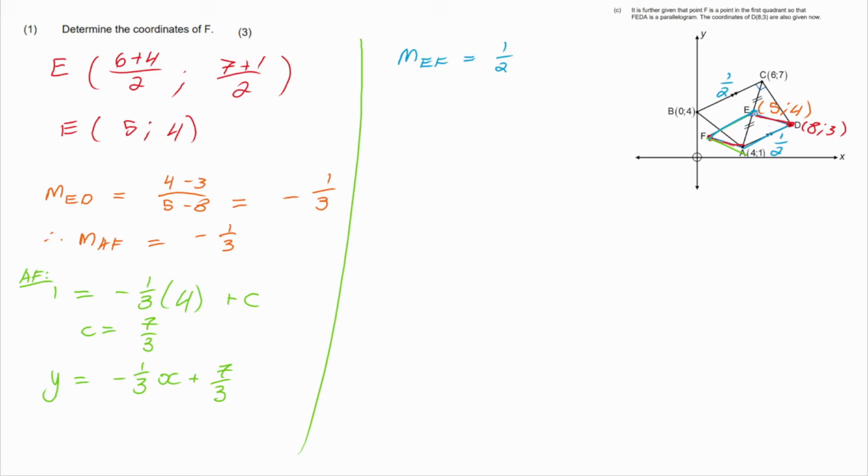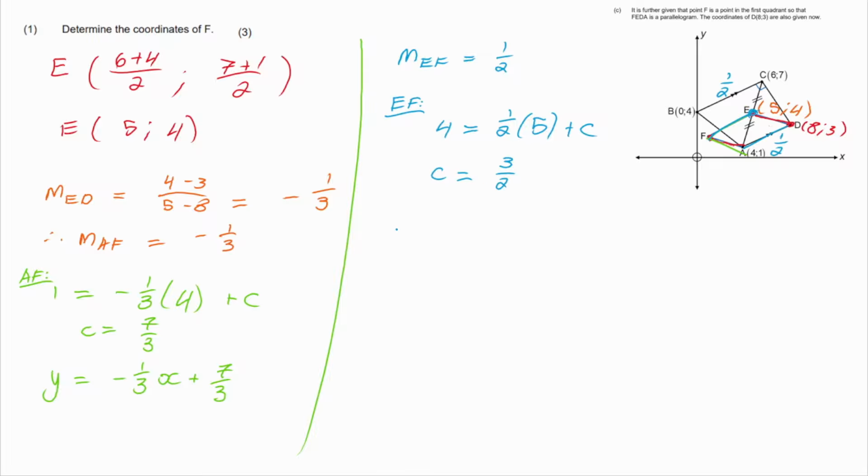We substitute a point. We substitute E. So we're working with the line EF. Okay. We substitute E, so we get 4 is equal to 1 over 2 times 5, plus C. So C in this case is 5 over 2, so 3 over 2.